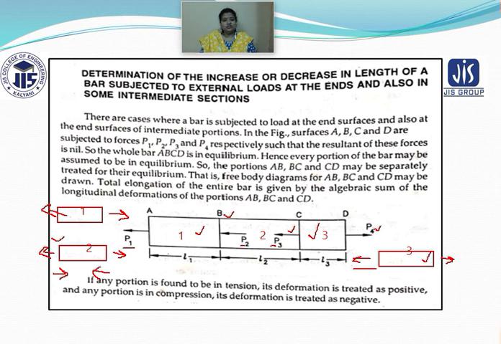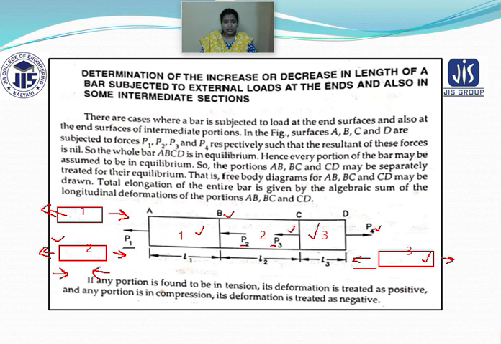Now this minus you apply when you are performing the numerical, but initially you have to write it as positive in the equation, because total change in length or elongation is considered as the summation of the elongation of the various bars separately. So if you are using tensile load, your elongation will be treated as positive. If you are using compressive load, your elongation will be treated as negative.